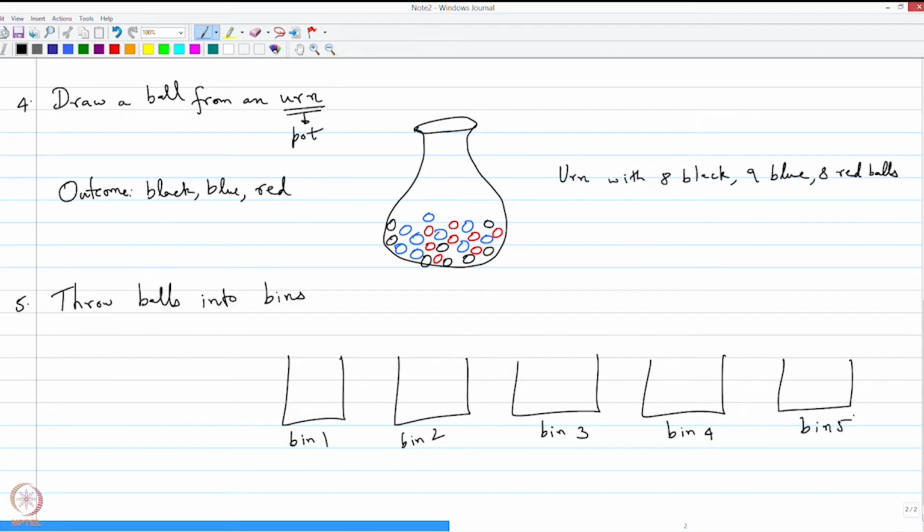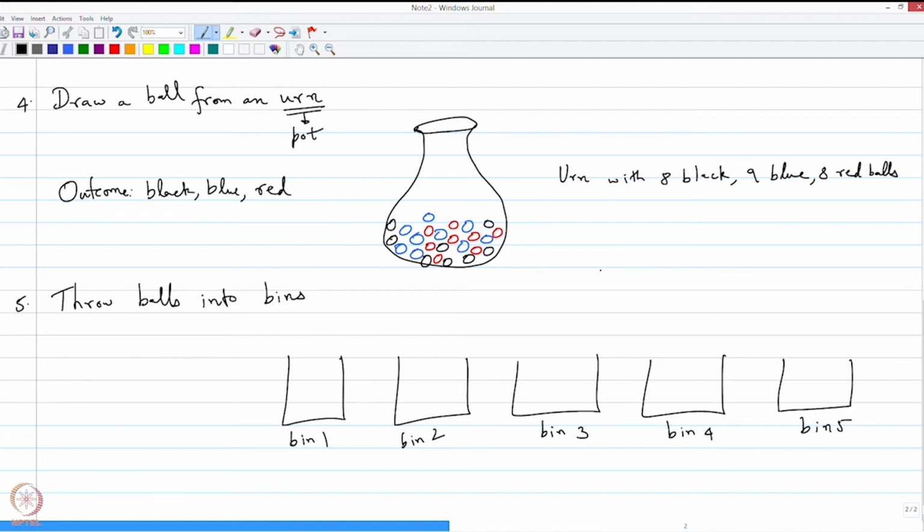Okay. And somebody is going to start throwing balls into these bins. Okay. So, he is going to close his eyes and throw a ball randomly. Okay. So, you have to imagine that this ball could land in any one of these 5 bins. Okay. So, where it lands is the outcome you are interested in.